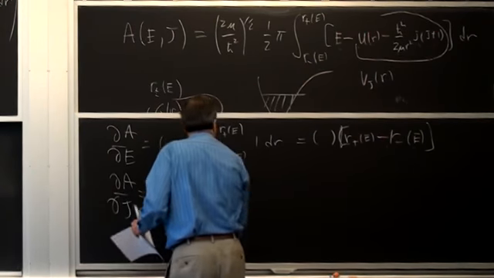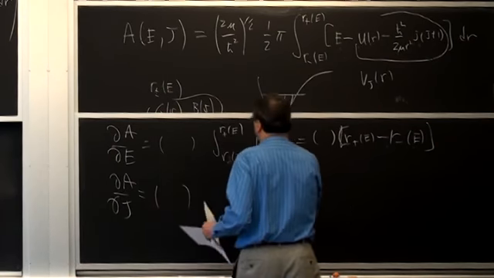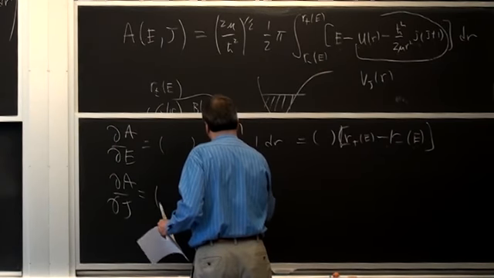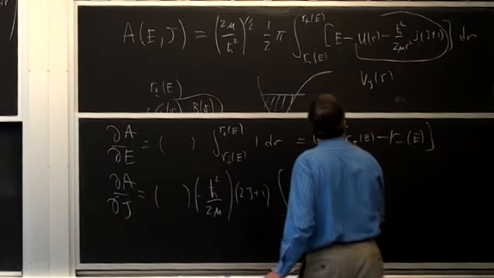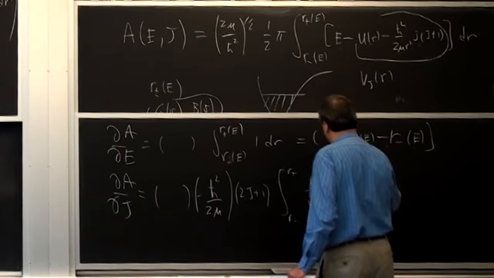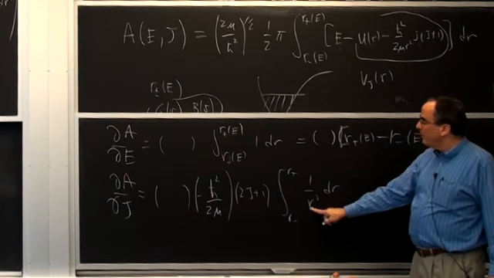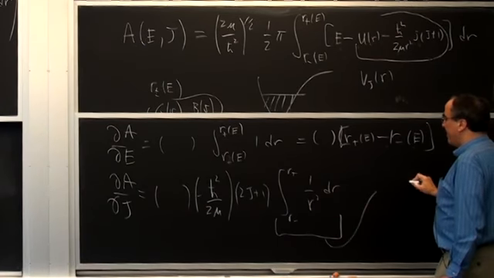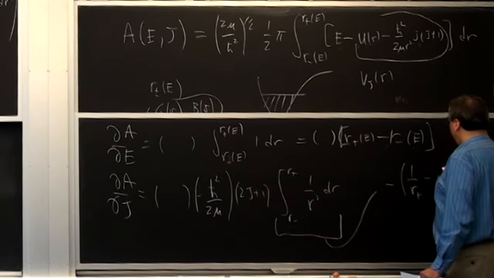So we get all that constant stuff, and we have an integral, and we can take minus h bar squared over 2 mu out, and we can take 2J plus 1 out, and we have now the integral from r minus to r plus of 1 over r squared dr. And this integral is equal to minus 1 over r plus minus 1 over r minus.